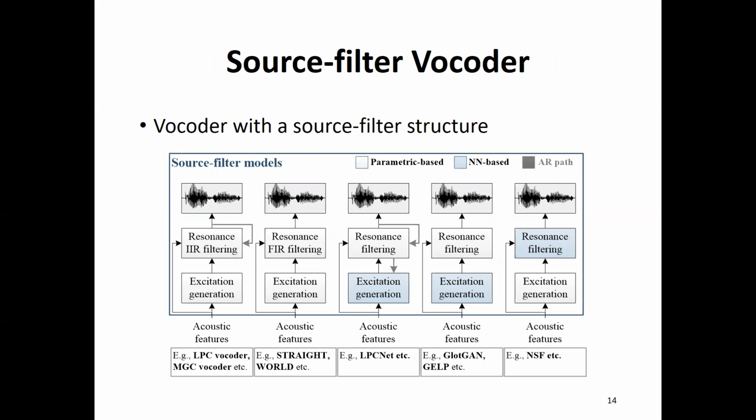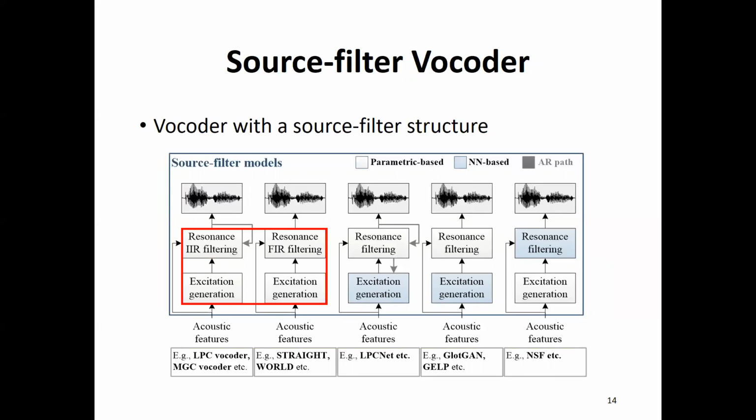To summarize, the vocoder techniques include two main categories. The first one is the source filter vocoder, and the second one is the unified vocoder. A source filter vocoder includes an excitation generation module and a resonance filtering module. The inputs are acoustic features, and the output is the speech waveform.